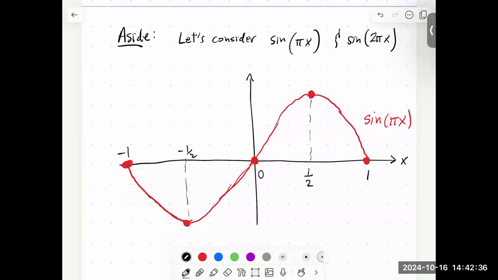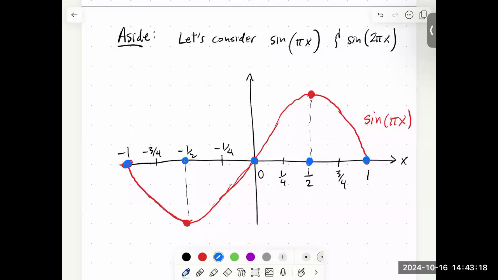All right. And so now we're going to do the same thing for sine 2 pi x, and we'll make that one blue. Well, there is a point at 0, of course, and there's a point 0 at ±1. But let's try a half now. If I put in half for x, I get sine of 2 pi times a half, which is sine of pi. Well, that's 0. And I'll get a 0 over here as well. In fact, the peaks and minima will be at these subintervals of -1/4, -3/4, +1/4, and +3/4.